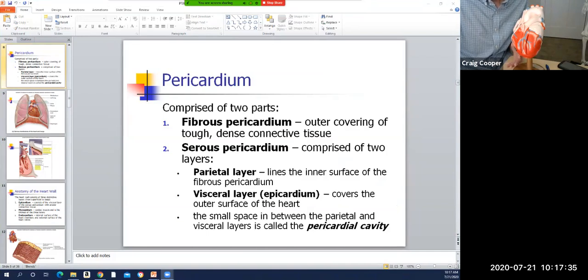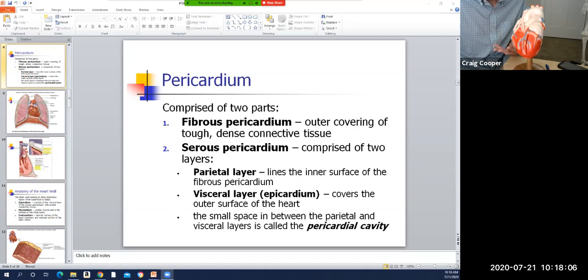The fibrous pericardium is really just a lot of collagen. Structurally, it's very similar to the dura mater going around the brain, very similar to some of our aponeuroses, tendinous tissues like the IT band. It's really pretty hard to damage. It's pretty tough, so it's the biggest protective layer that gives it the most rigidity, and the heart's really critical to protect.